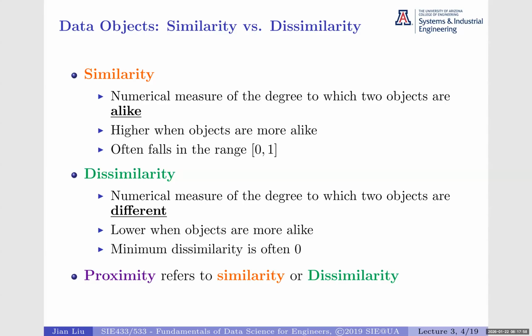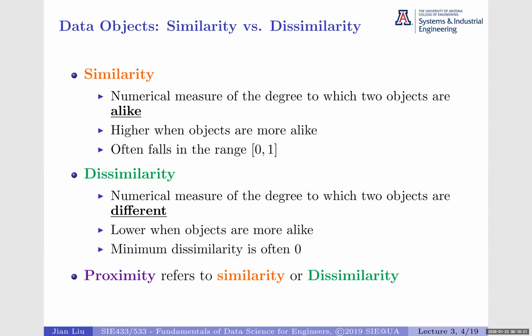And dissimilarity, just on the contrary, is a numerical measure of how different the two data objects are. And the lower the dissimilarity, the more alike the two data objects will look, okay? And the minimum dissimilarity is often 0, which means the two data objects are the same, okay?